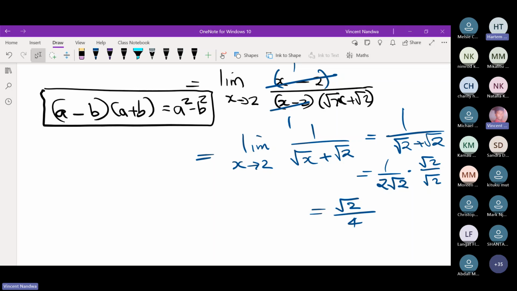So the hint that this particular limit is probably testing rationalization is to see a function which has a surd, or which has a root sign.